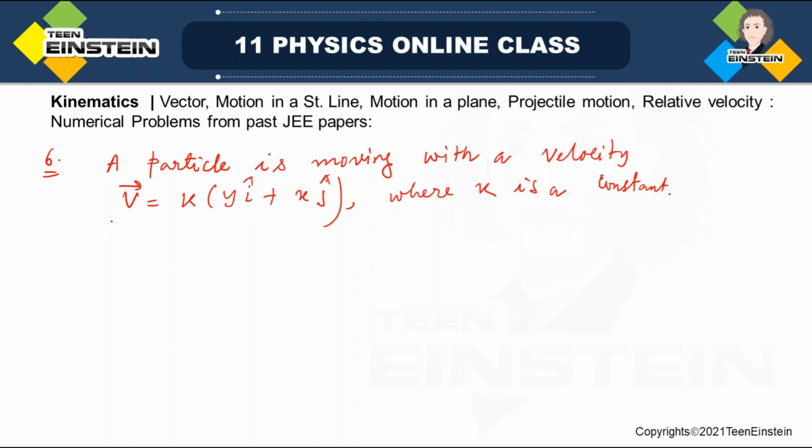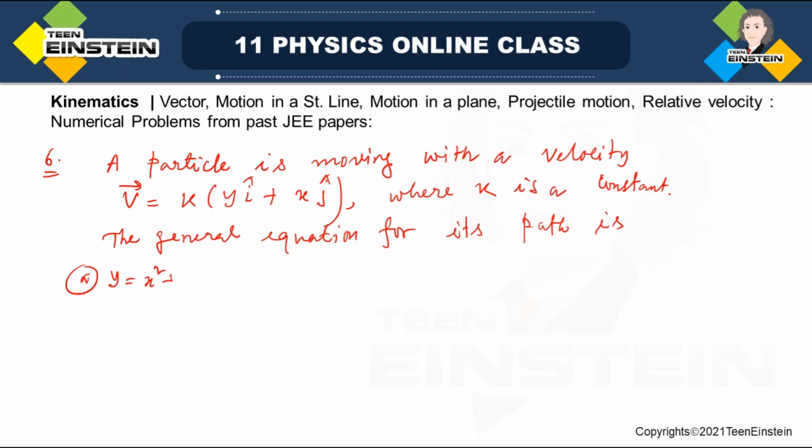The question is, the general equation for its path is, there are a few options. Option A, y is equal to x square plus constant.